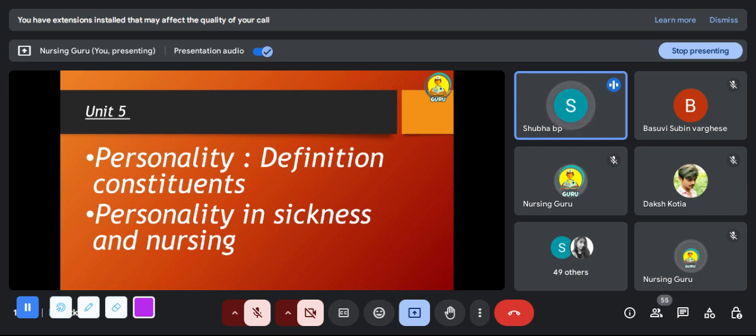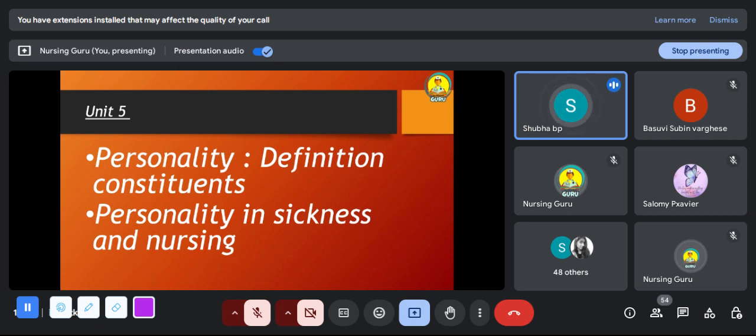In a 15 marks question they will ask define personality, write the characteristics of personality and factors affecting personality. So you need to give importance to the personality topic from unit 5. The next one is personality in sickness and nursing.